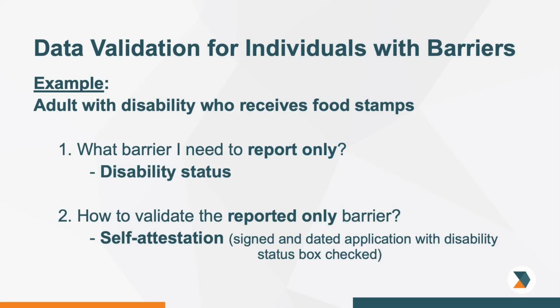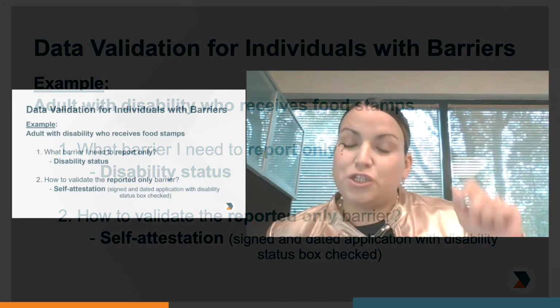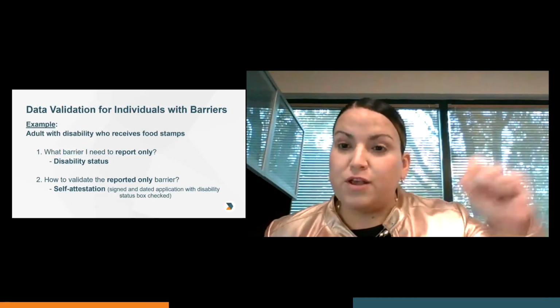So right now, for those of you that work as a case manager, seeing people or reviewing cases, we're telling you that if the case manager or whoever is making the eligibility determination is not using disability as one of the barriers for eligibility, you don't have to worry about gathering any additional information, right? You make sure that in your application, you have those boxes for the individuals to check.